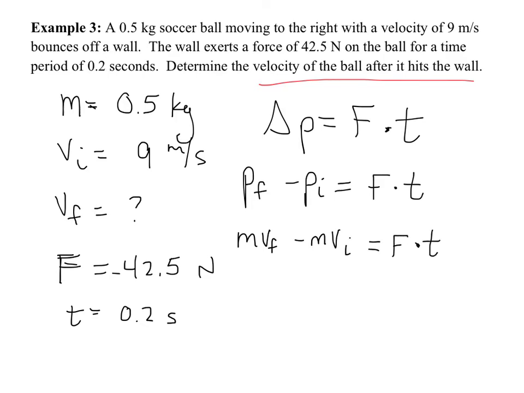All right, so here's our approach in this problem. Our goal is to find VF, so we can simply add MVI over and then divide by M. Please don't try to cancel M. M doesn't cancel in this problem. You can factor M out and then divide by M and solve, but it doesn't make the problem any easier.